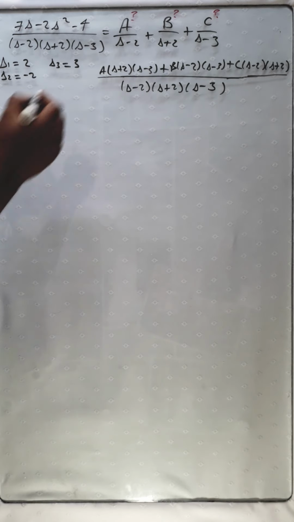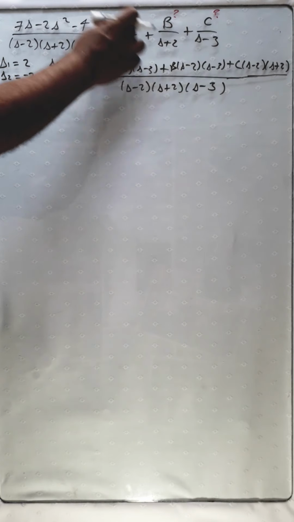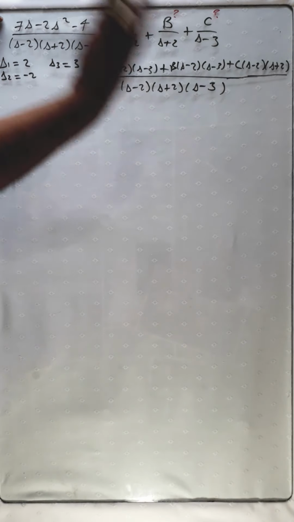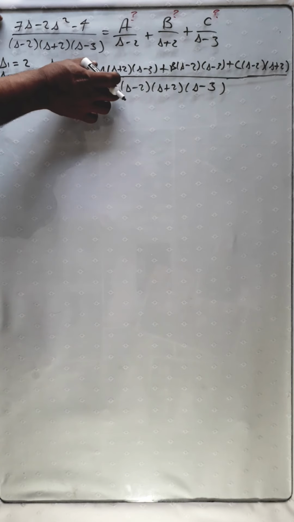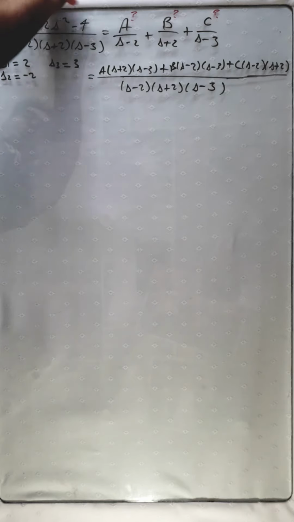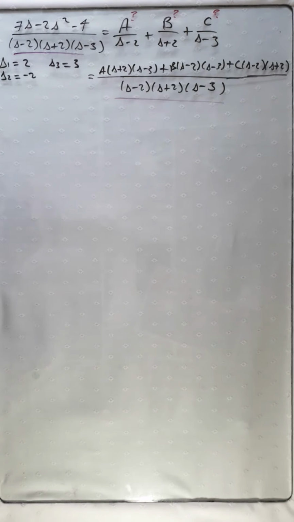Now, the purpose of this is that these partial fractions must be equal to this fraction. So that means that when you do the common denominator, this must be equal to this. As you can see here, the denominator is already the same. What you need to make the same is the numerator. So what is the numerator?